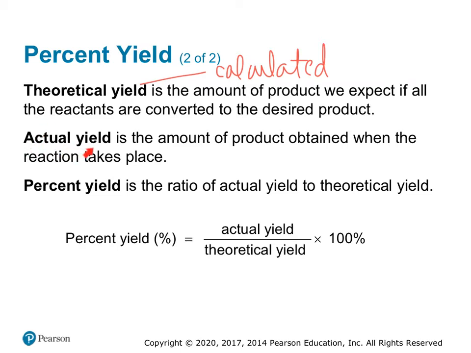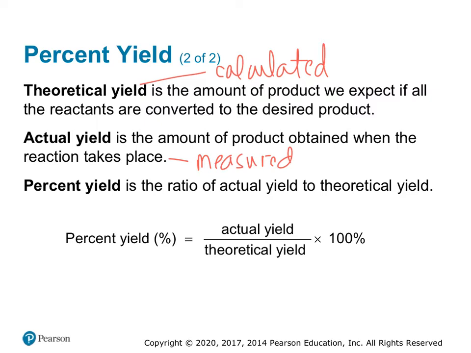Actual yield is the amount of product obtained when the reaction takes place. Actual yield is measured. Always measured in the lab.